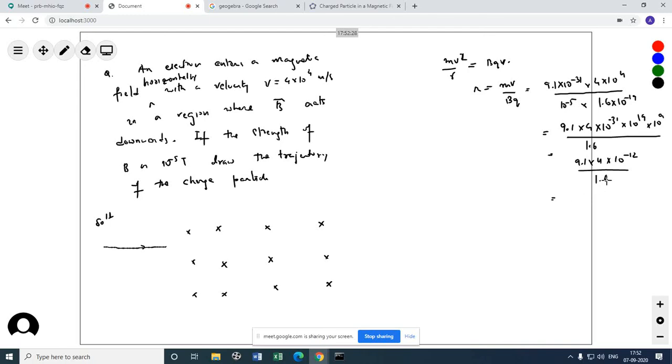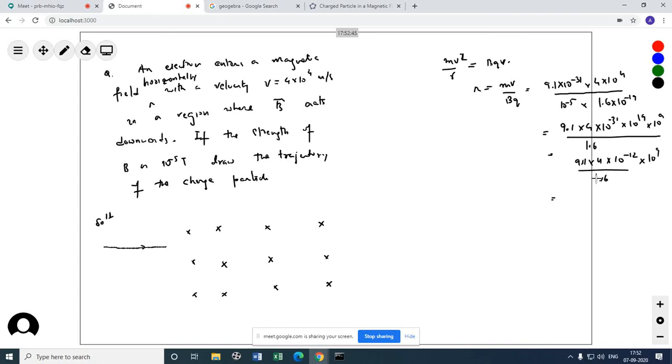So 9.1 into 4 by 1.6, and 10 to the power 9 is also there, so that gives me 10 to the power minus 3.